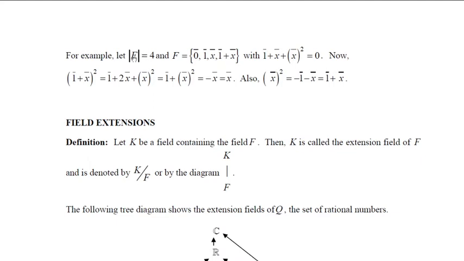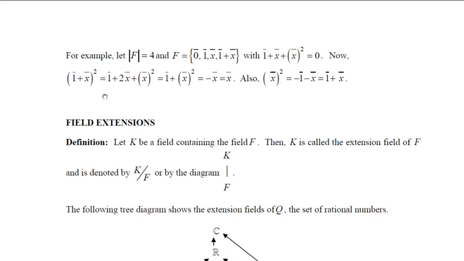And remember, we have constructed the field F using Z2 and with the property that 1 plus x bar square equals 0.